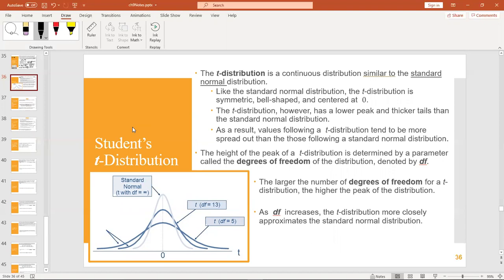The reason 30 is a cutoff is that by the time you get a t distribution of 30 or more data values, it's approximately equal to the z intervals if you go out like 4 decimal places.